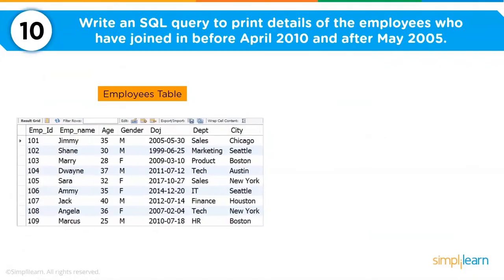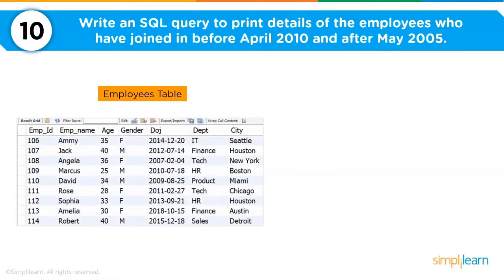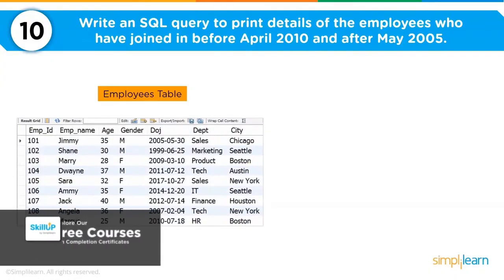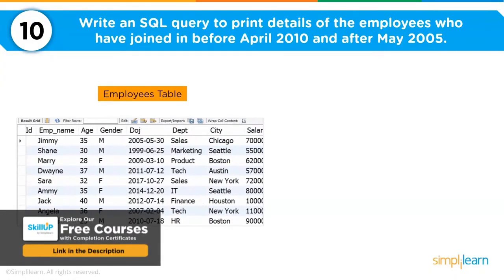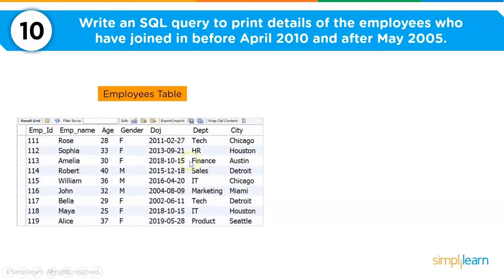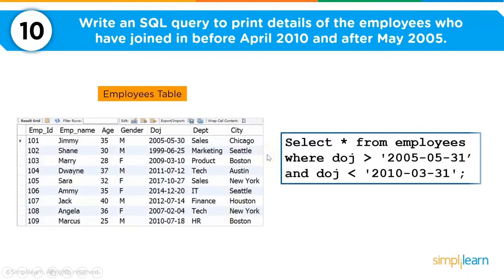So our 10th question is to write an SQL query to print the details of the employees who have joined before April 2010 and after May 2005. So here is my employees table and this is my SQL query.